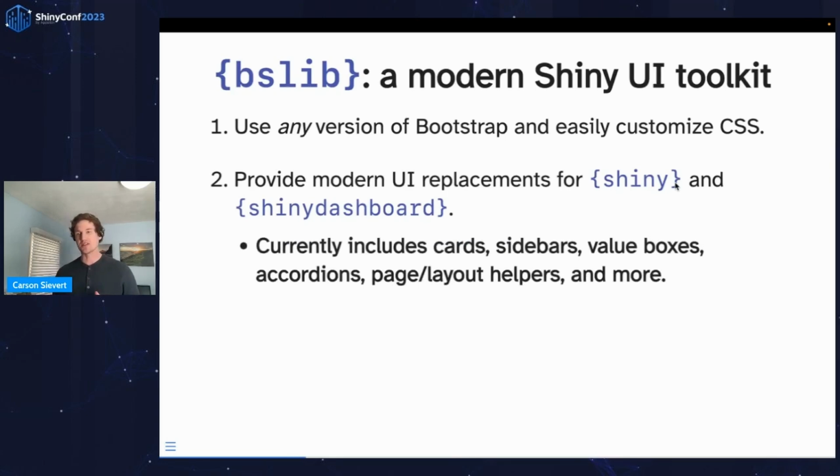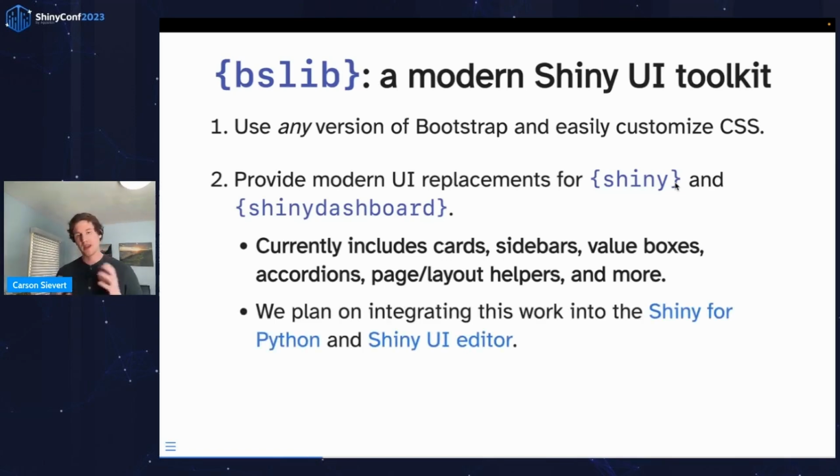Currently this includes at least a handful of components, including cards. The development version of bslib now includes some sidebar layout stuff. We also have value boxes and accordions and page and layout helpers and a few other things.